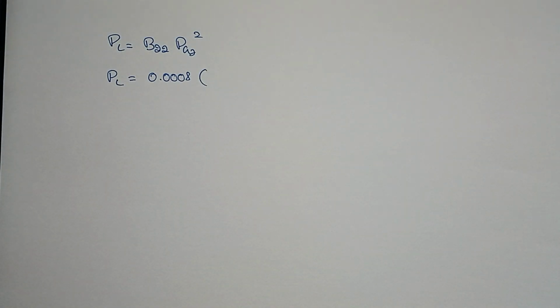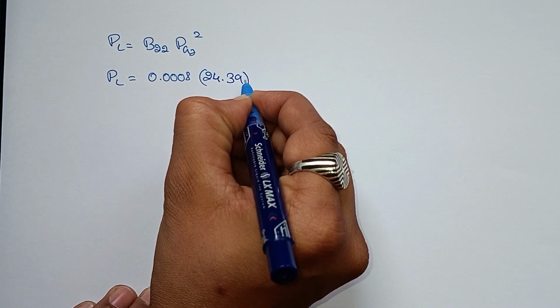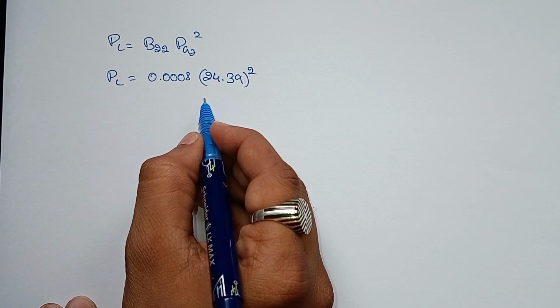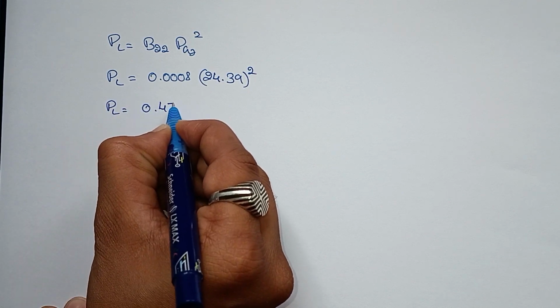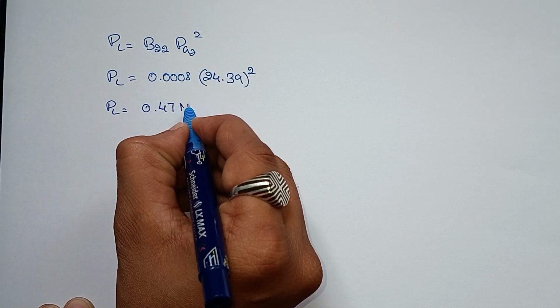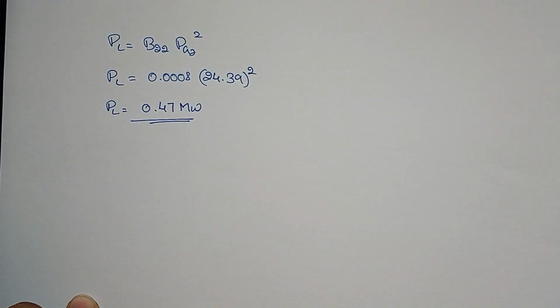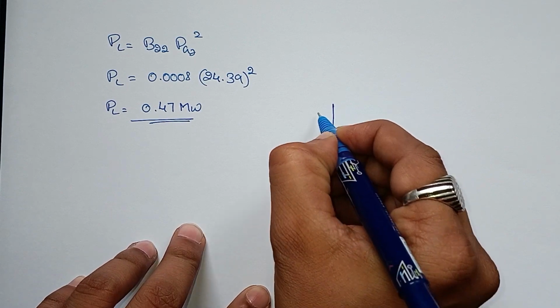Let us substitute that value, 24.39 megawatt square. If we solve this, we get the value of PL as 0.47 megawatt. This is the loss occurred when a power of 24.39 megawatt is received from bus 2.